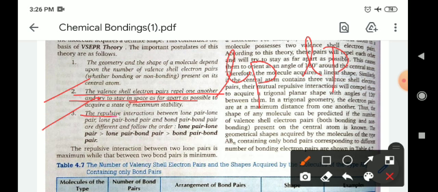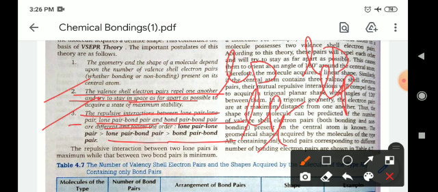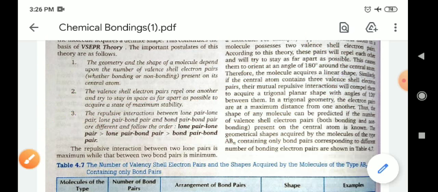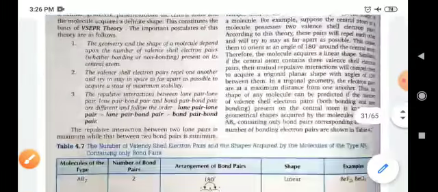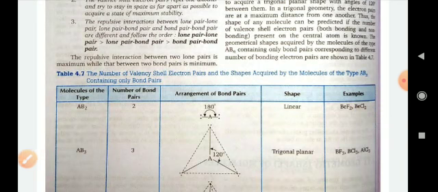Third, the repulsive interactions between lone pair-lone pair, lone pair-bond pair and bond pair-bond pair are different and follow the order: lone pair-lone pair repulsion is greater than lone pair-bond pair repulsion, which is greater than bond pair-bond pair repulsion. This means there will be more repulsion between a lone pair and a lone pair. These are the three basic salient features of this theory.